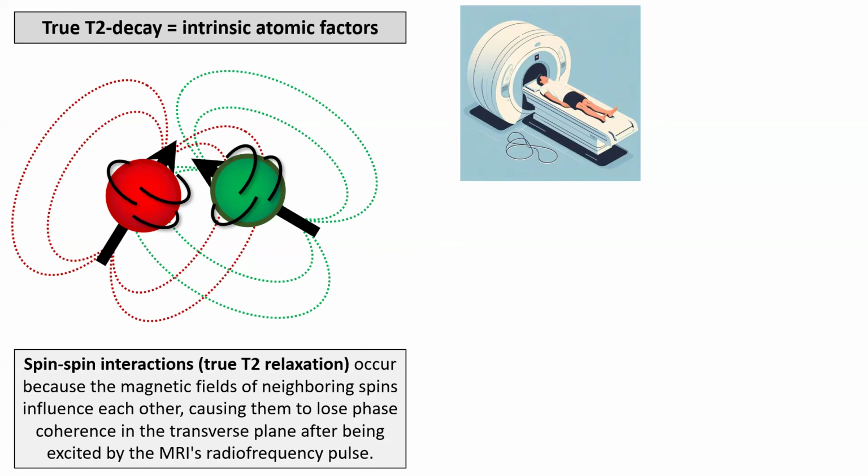It occurs because these spins have tiny magnetic fields, and they will influence the tiny magnetic fields of other neighboring spins. And basically, simply by being in each other's vicinity, spins will cause each other to lose phase coherence in the transverse plane. So this is true T2 decay, spin-spin interactions.